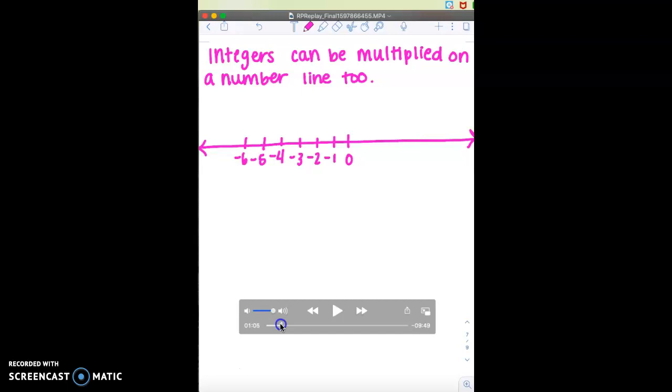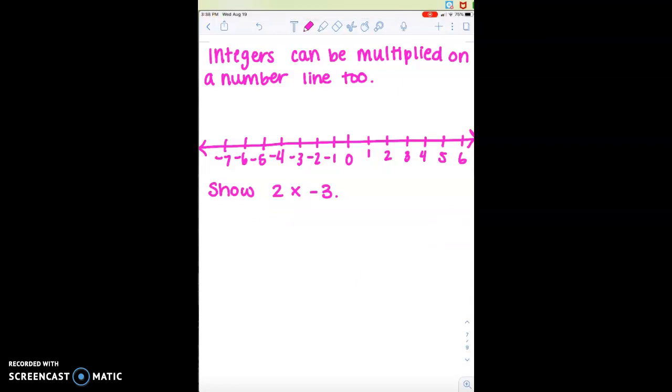So now that we have that drawn, I'm going to show 2 times -3 on this number line, okay? So the way we can think about this actually is 2 groups of -3, or -3 plus -3.